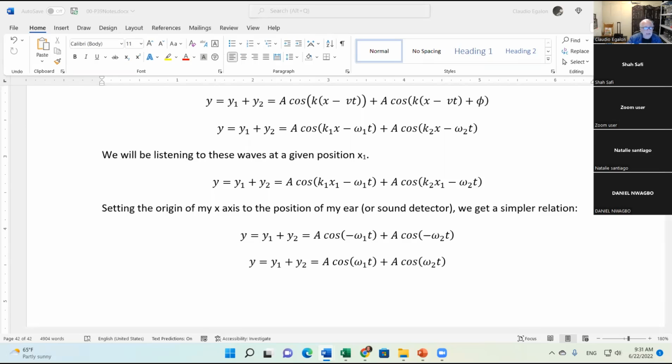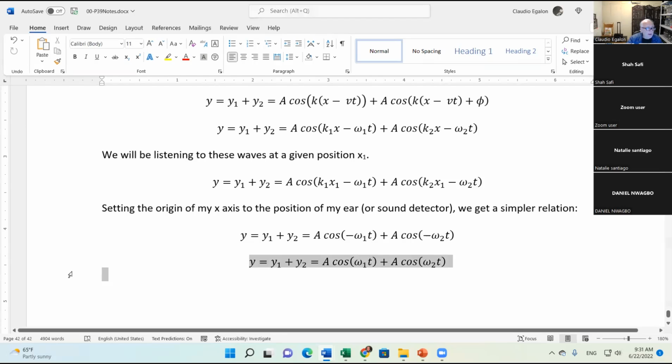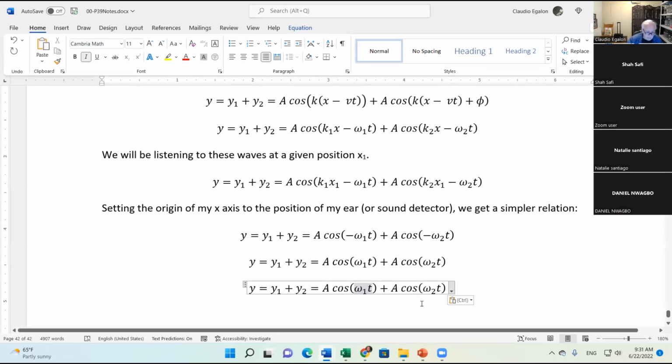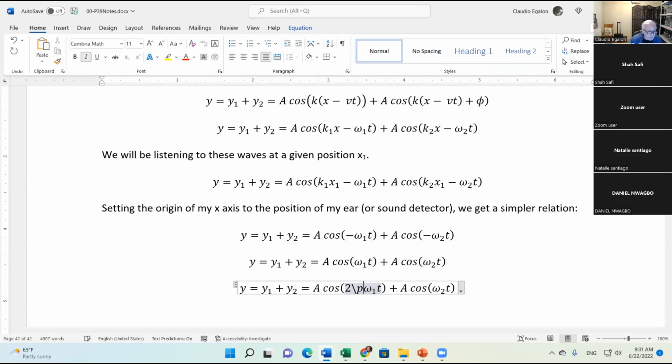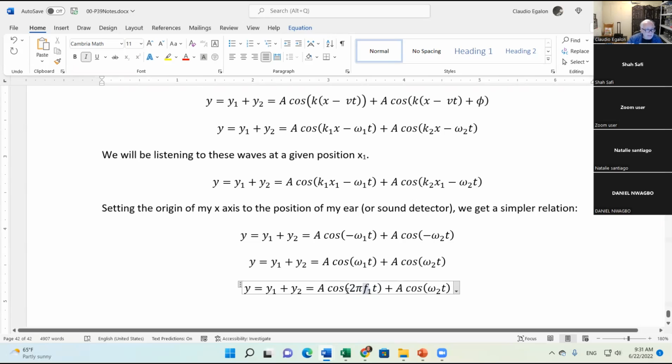I'm going now to rewrite that in terms of the frequency, although it's not necessary. I'll do that anyway because the frequency is a quantity that is more familiar than the angular frequency.